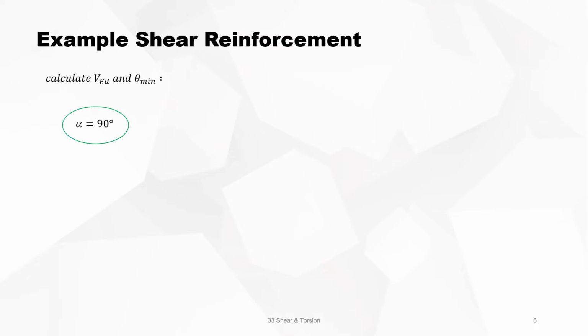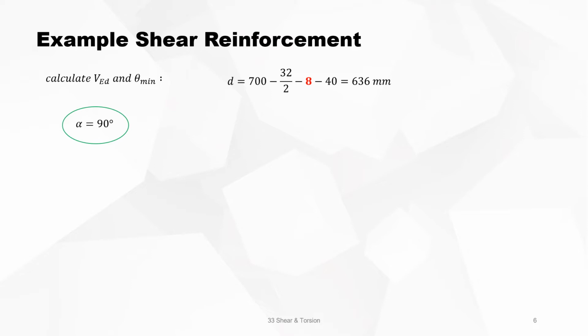We will use stirrups straight with an angle of 90 degrees, vertical stirrups. The effective depth is total depth minus the point of gravity of the tension reinforcement, minus the concrete cover, and minus the stirrup diameter. But that's the one we are looking for.